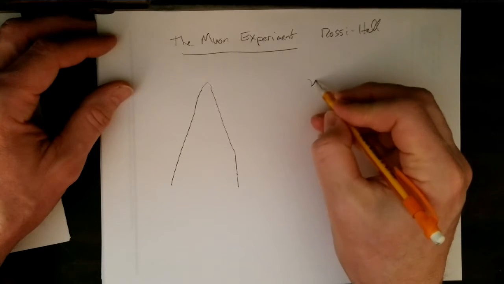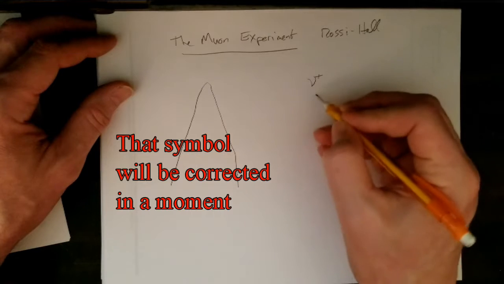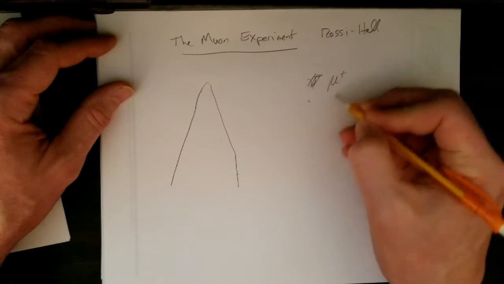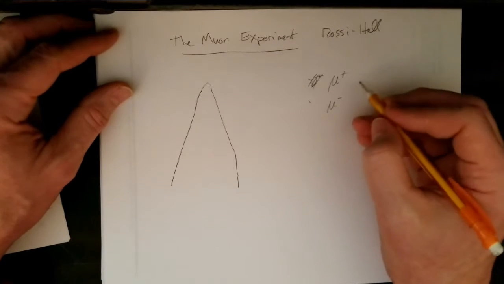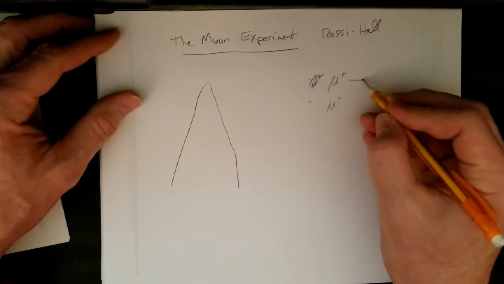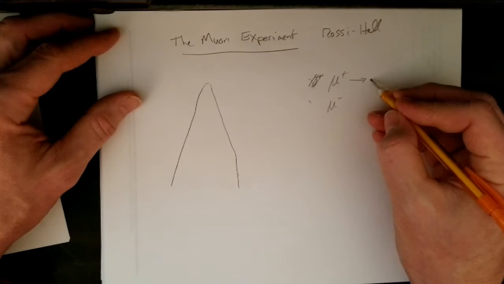The symbol for it is a mu, generally plus or minus. Sorry, that's a nu. A mu plus or a mu minus. They have both of them. And what happens is, as these are particles that are created in outer space, they enter into our atmosphere and they can decay.